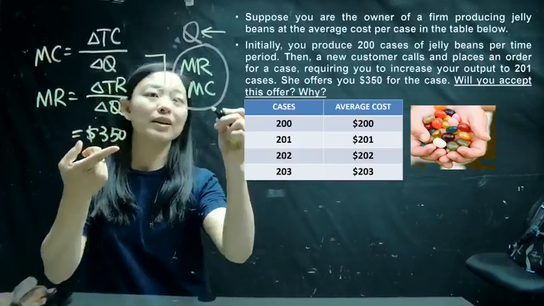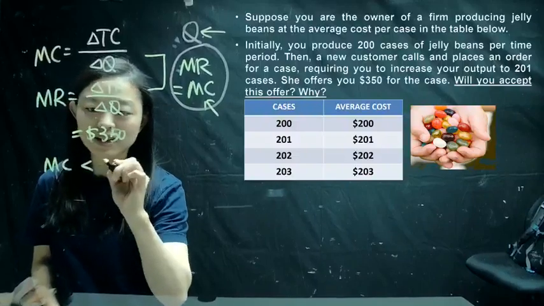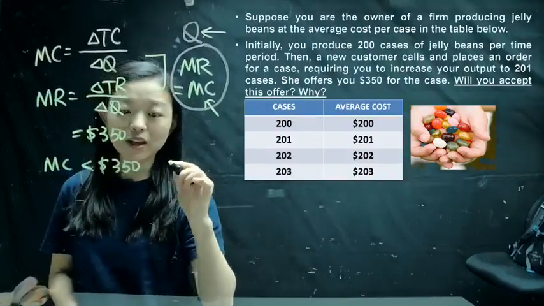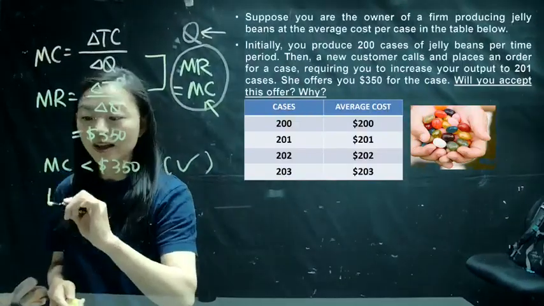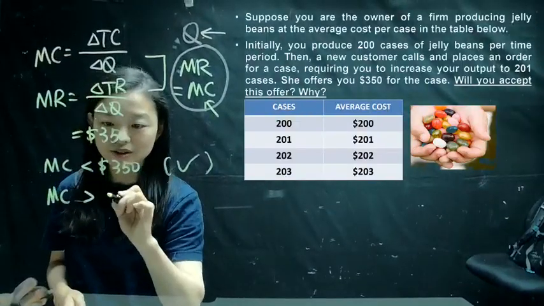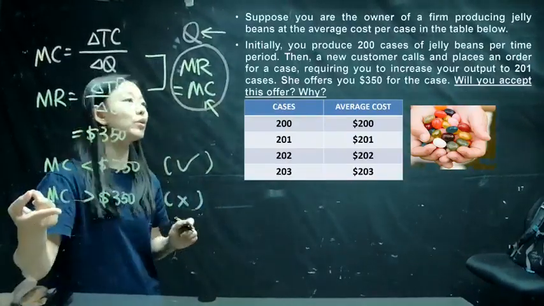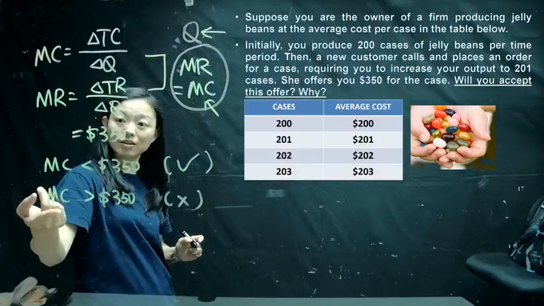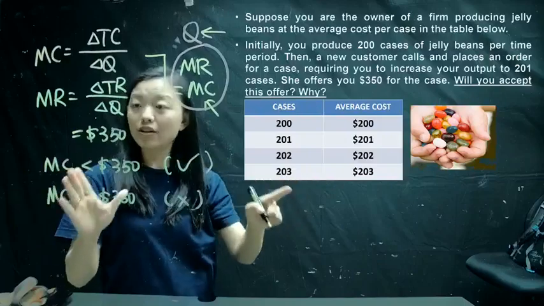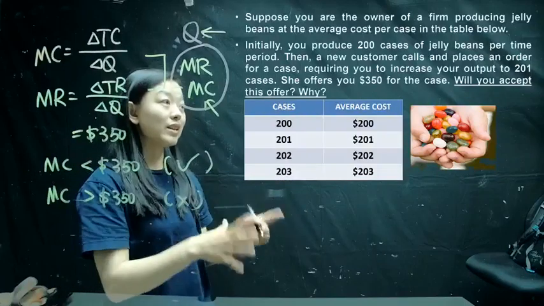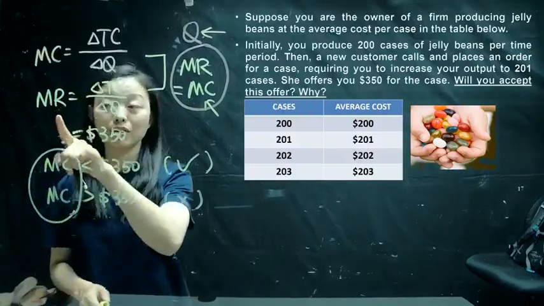Now what you need to do is get the marginal cost. If the marginal cost is less than 350, then you will definitely accept this offer because you earn profit. If the marginal cost is larger than $350, then you will decline this offer because you will reduce your profit. Make sense? You can't use your average cost to make a decision. You need to make the decision based on marginal cost and marginal revenue.